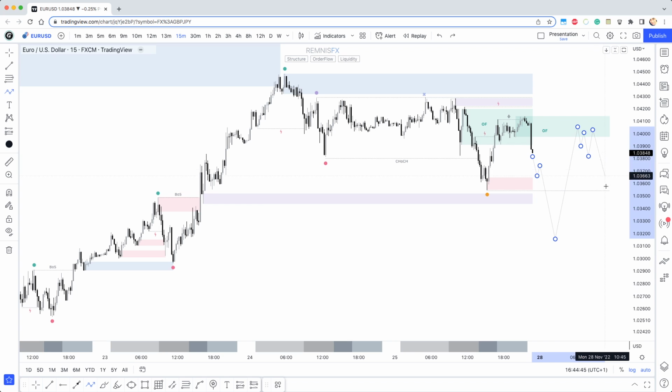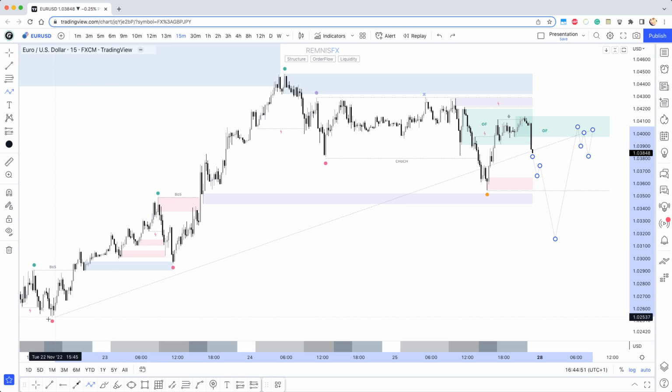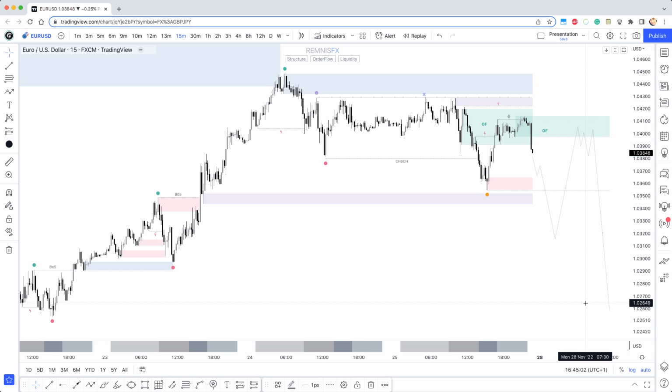Okay, and then you could perhaps look for this area to target, or, well, it all depends. This would also be a valid point because we are not in a too high time frame. But for the time being, let's say something like this. Okay, let me get this one shortened in, and this then, of course, here.